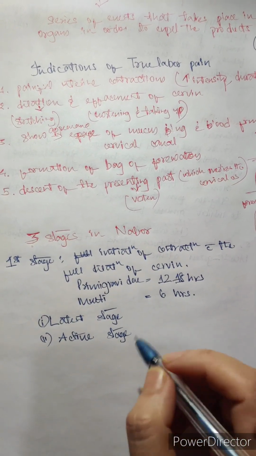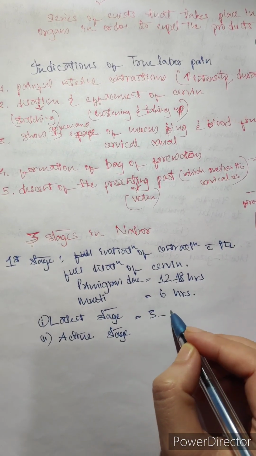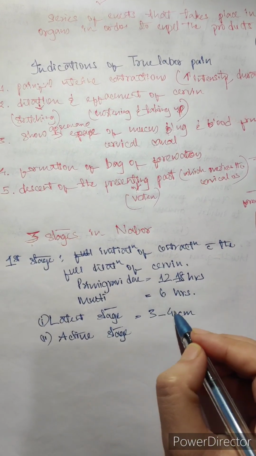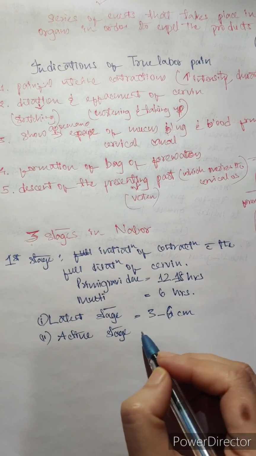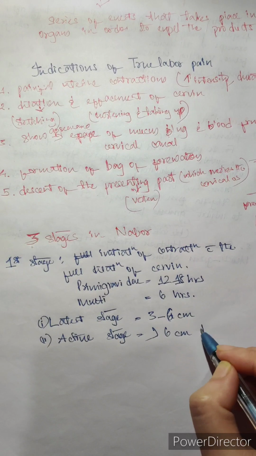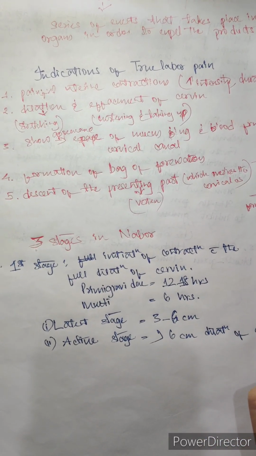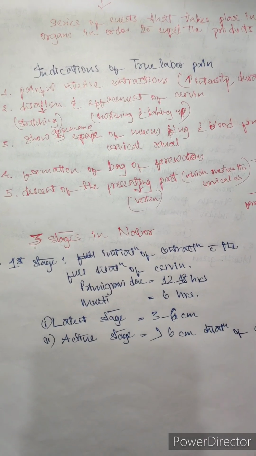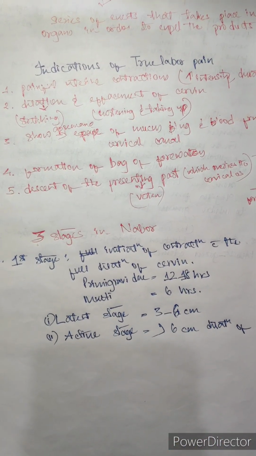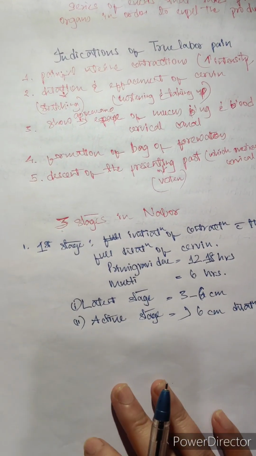In the latent stage, the cervical dilatation is about 3 to 4 centimeters. In the active stage, there is more than 6 centimeters dilatation of the cervix. This is the first stage of labor.